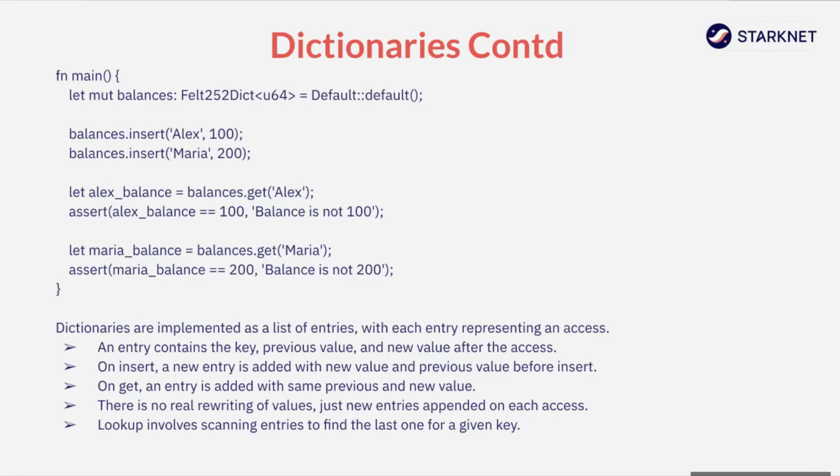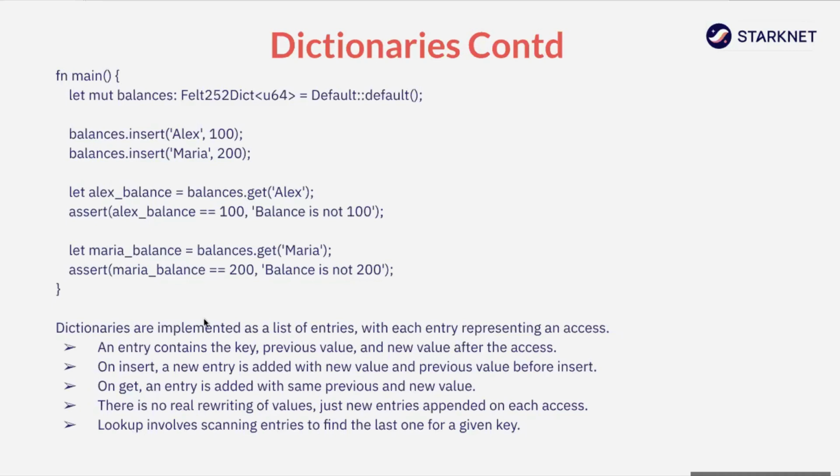In a case where you already inserted a value and you want to update it, there's nothing like rewriting. It's not like mutating the memory cell. You're just updating the value using your key.